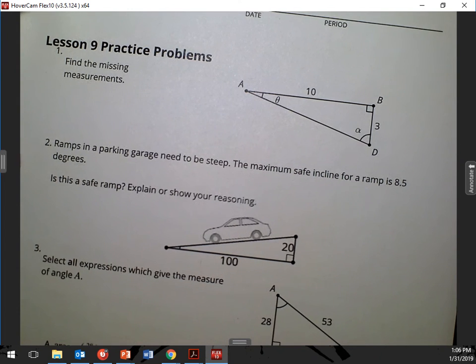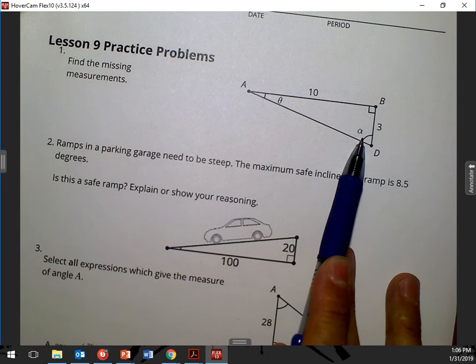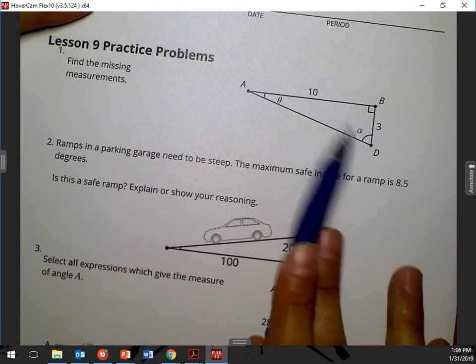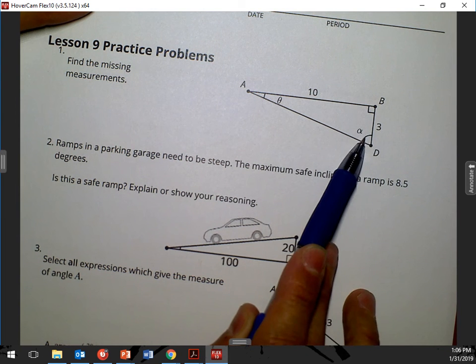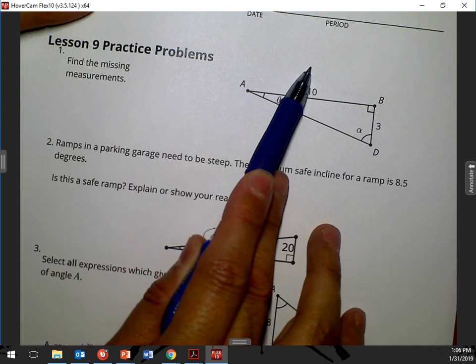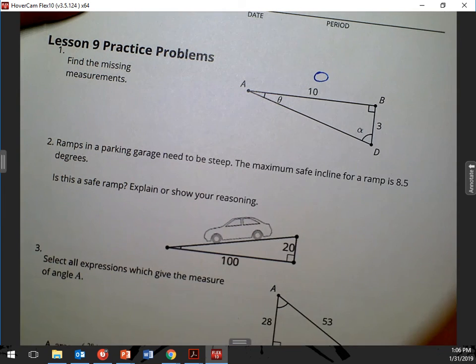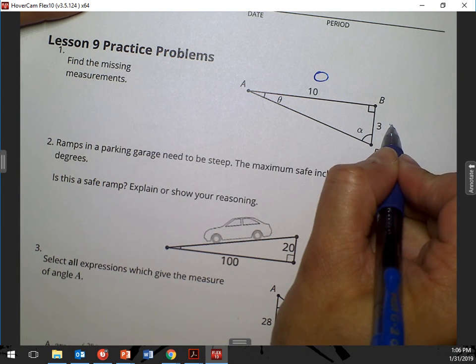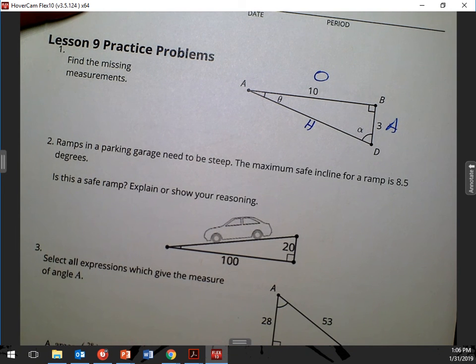Now, we're going to start by solving either one. We have theta and alpha. I'm going to start with alpha. From alpha, this side is opposite, so I'm going to label that one opposite. What 2 sides do I have?